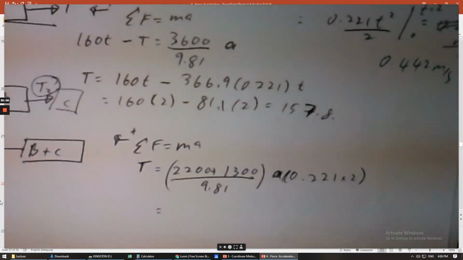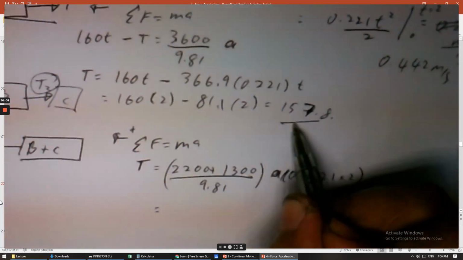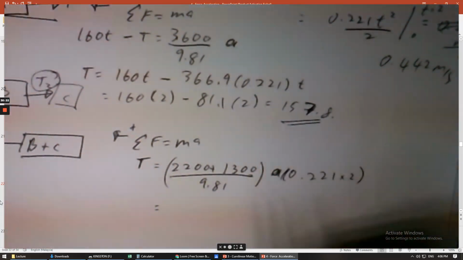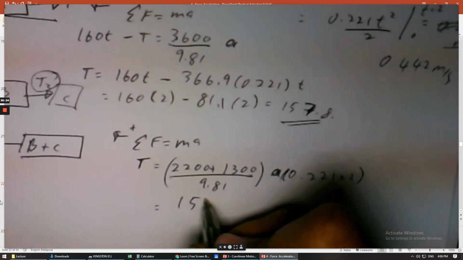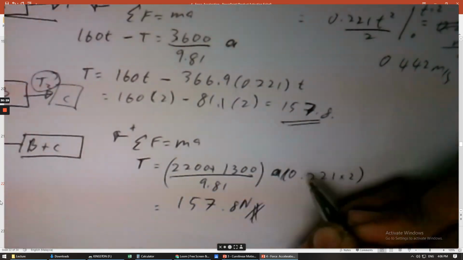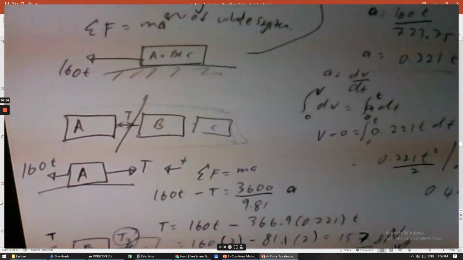Let's see if you could calculate this and arrive at the same answer. All right, I calculated using my calculator. I did get the same answer, in Newtons.